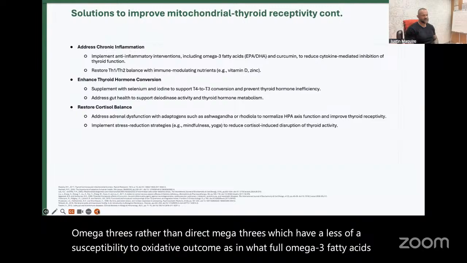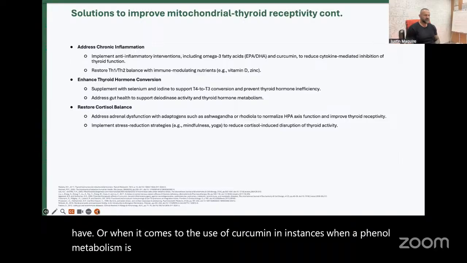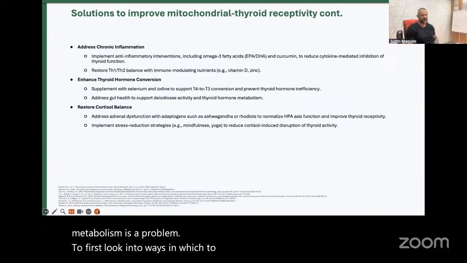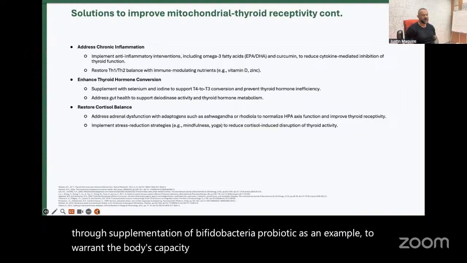Or when it comes to the use of curcumin, in instances where phenol metabolism is a problem, first look into ways in which to improve the microbiome's capacity through supplementation of bifidobacteria probiotic, as an example, to warrant the body's capacity to utilize curcumin effectively for anti-inflammatory outcomes.